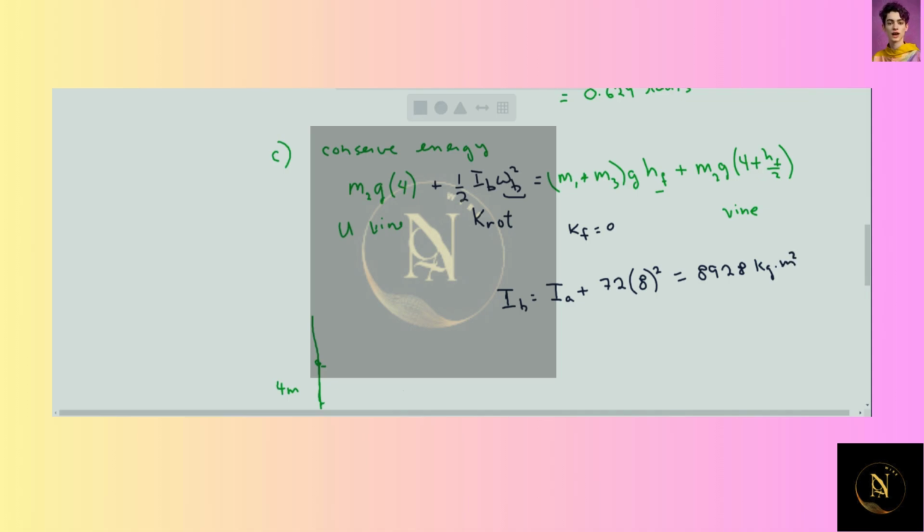Okay, and let's see. Let's figure out some pieces. I'll put 1/2 IB omega B squared all together. And I'll put all the energy stuff on the other side. Let me see.